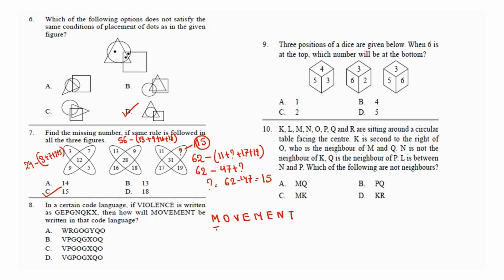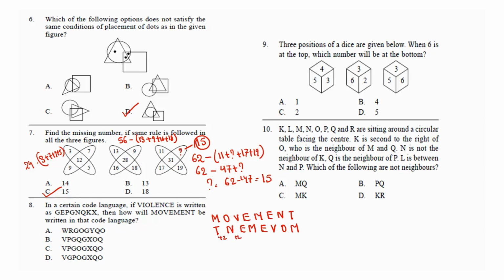So first we will alter it. TNEMEVOM. Well, we have just reversed the writing, and then +2 we will do for each.